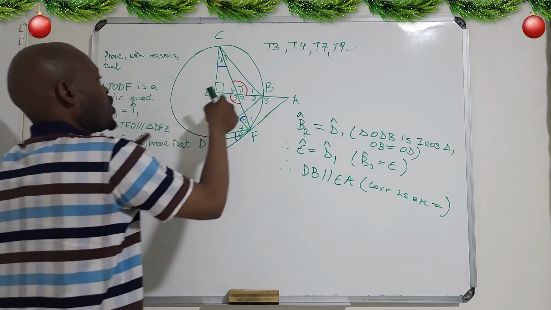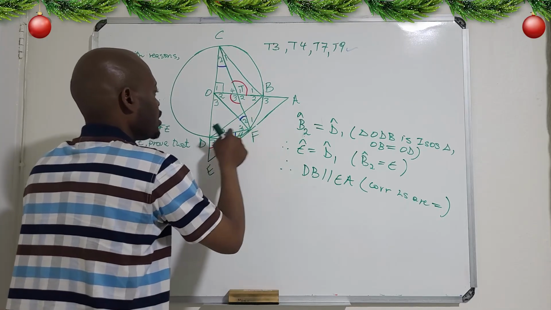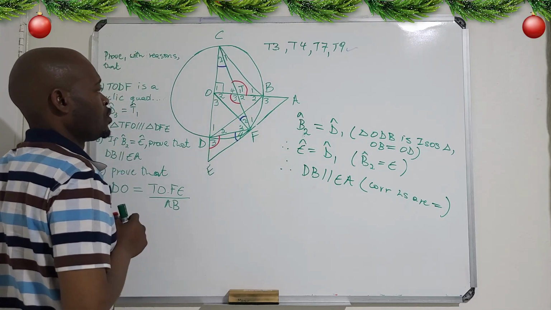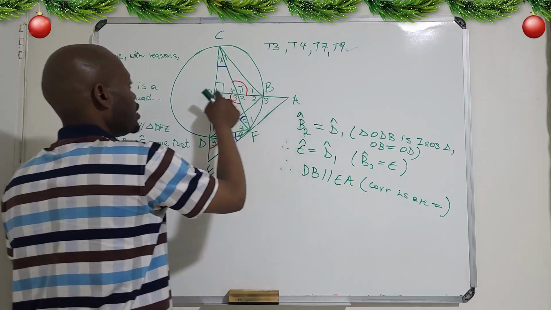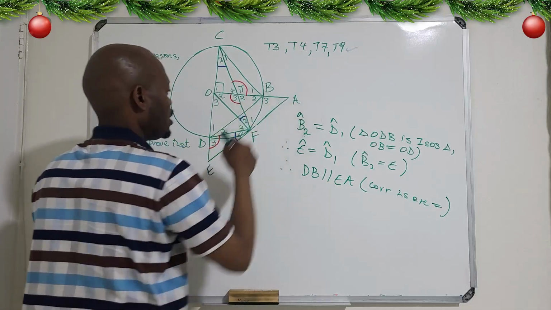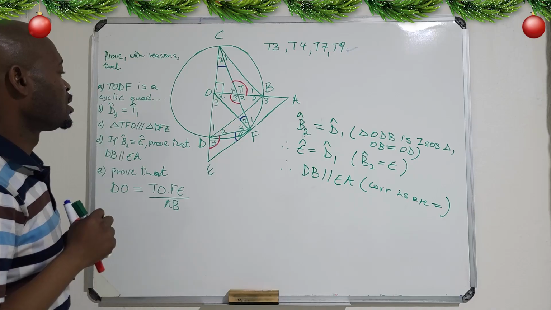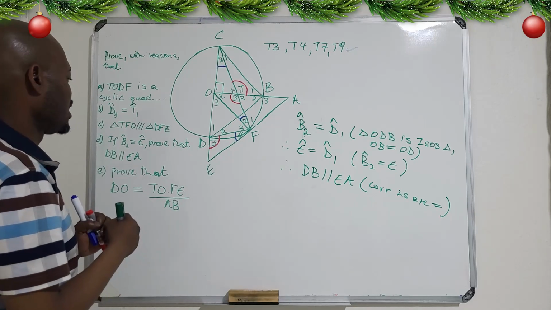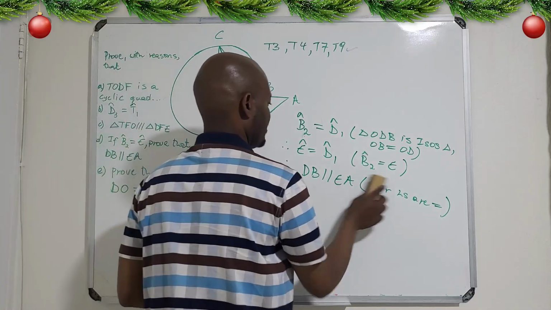Also, it means that I'm going to use this triangle and this triangle to set up a ratio. Then use theorem number 1 to set up a ratio again. Then I'm going to have a side which is going to be common to the two ratios. Then solve for this. Let's see what I am saying exactly.